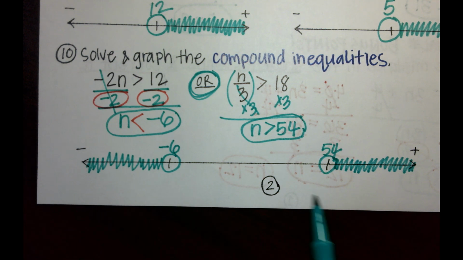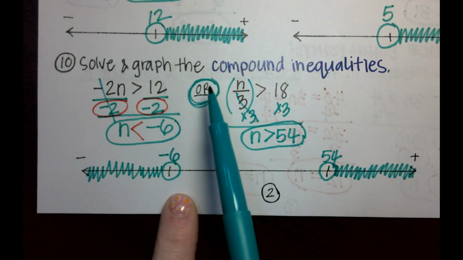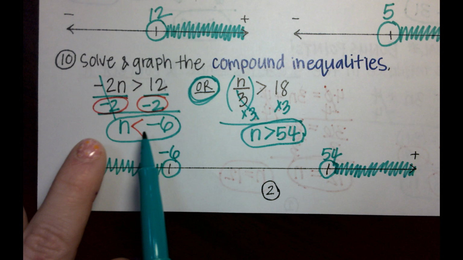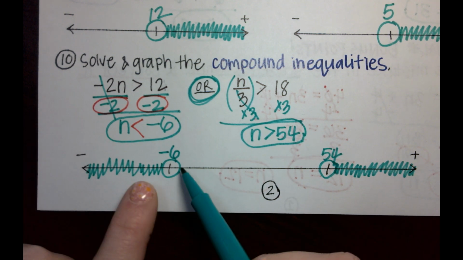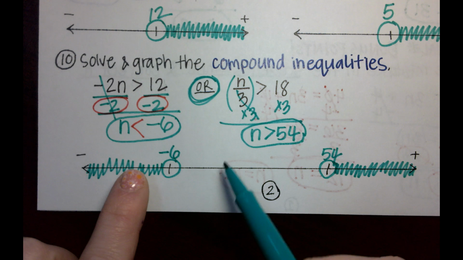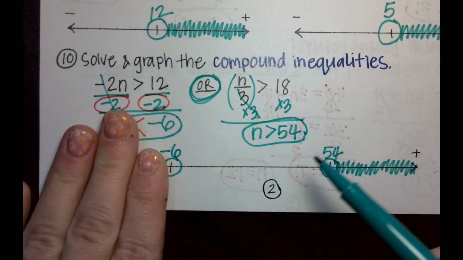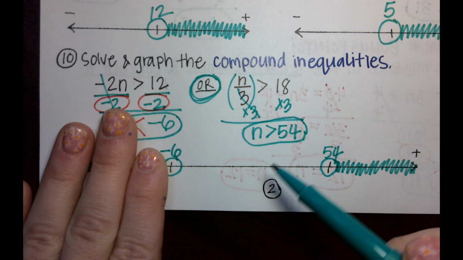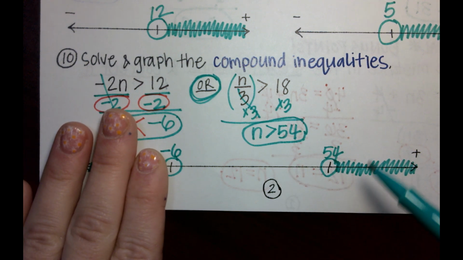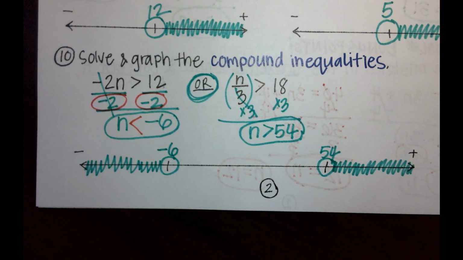Very, very good. So if you see OR, you'll know that if you forgot to flip your sign, when you're graphing and shading, if your negative 6 is going towards the 54, you're not ever going to have a graph where you're shading, shading, shading, circle, shading, shading, shading. They're always either going to be pointing towards each other or away from each other.